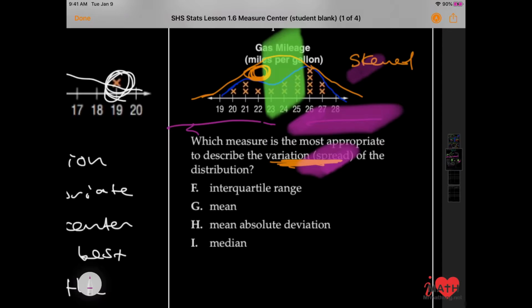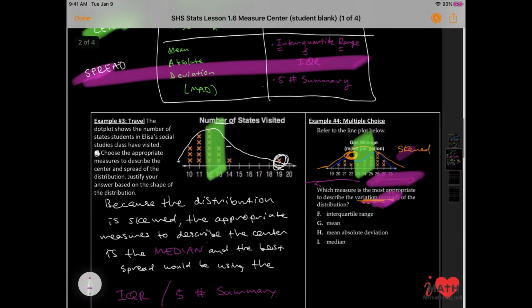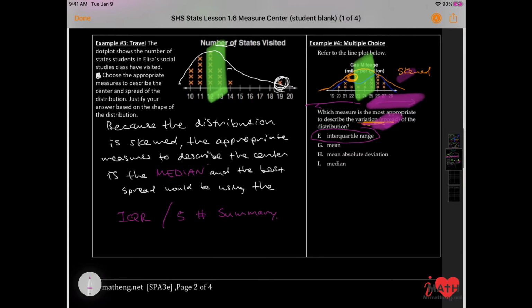The jam is going this way and this way, okay? We'll talk more about it, but I just want you to think of the idea of variation as spread. Like there are different types of cars and how fuel efficient they are. So if you look above, we said the interquartile range or the 5-number summary. So that would be F, okay?